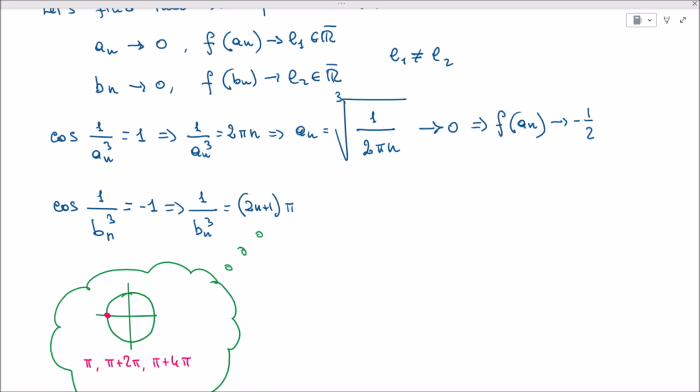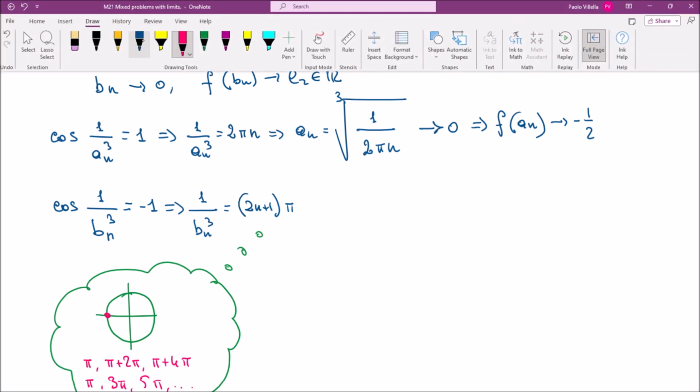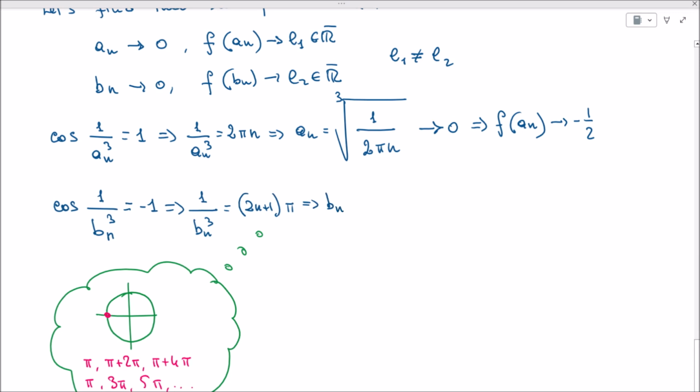So basically we have pi, 3 pi, 5 pi, which are all odd coefficients. So we can say that this is just 2n plus 1 times pi. Okay, so this implies that bn will be the cube root of 1 divided by (2n plus 1) pi.